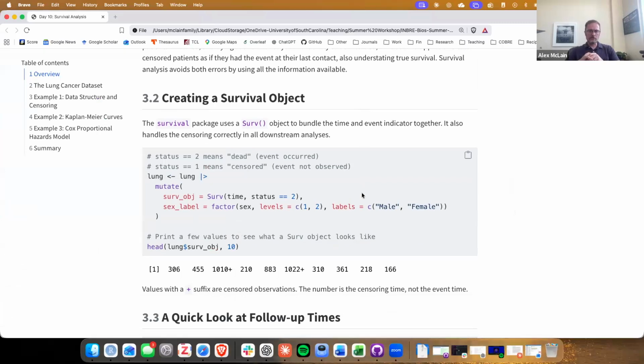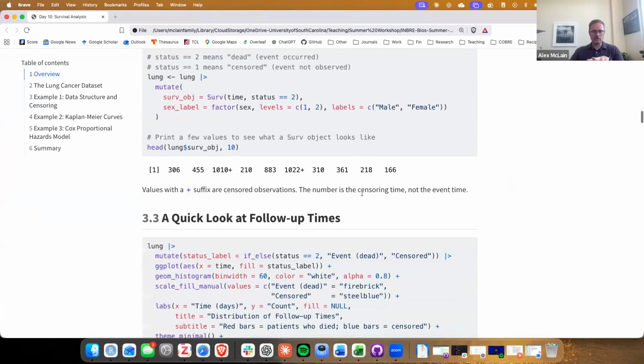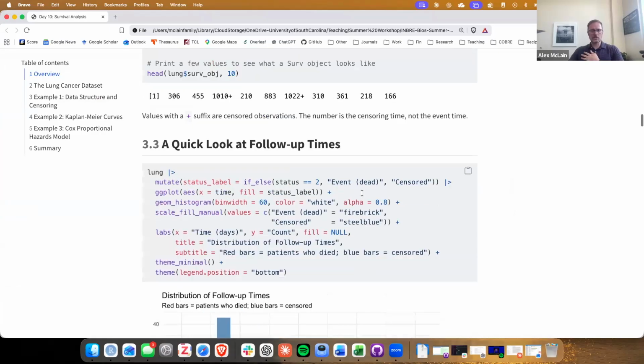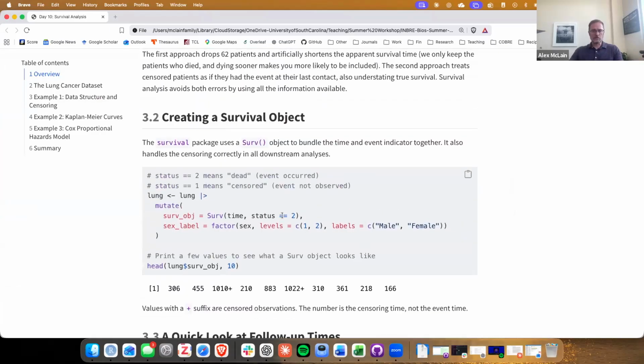The first thing that we have to do, we don't have to do this. We can run the Kaplan-Meier curves without it. But just to note, the survival package has something called a survival object that it uses for all the regression, Kaplan-Meier curves, log rank, all the things that we have. They use what's called a survival object, and it's used in some of the downstream analysis.